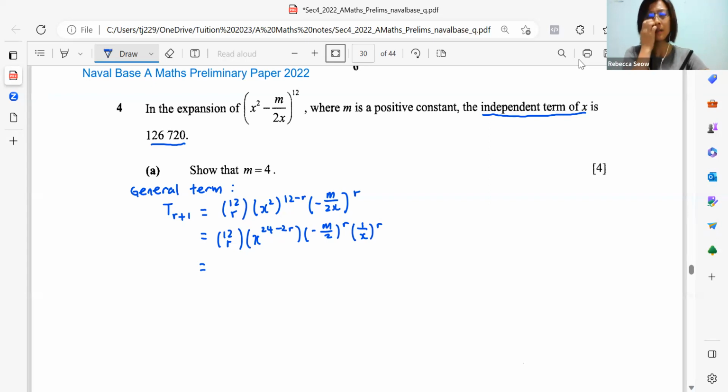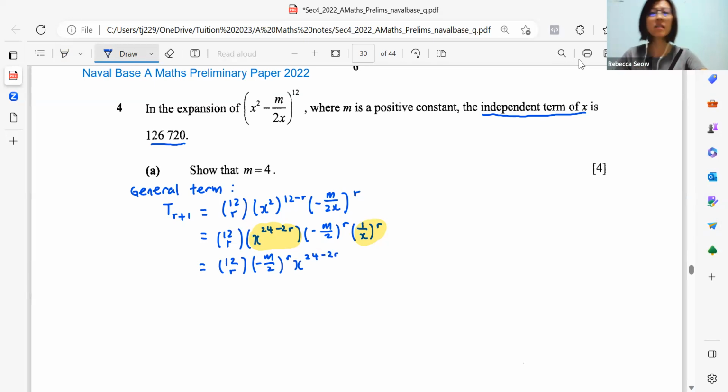Following this, what else can we do? You have realized that this is x and its power, and this will be x and its power. Let's put these two portions together, and 12 choose r together with the third portion of the expression.